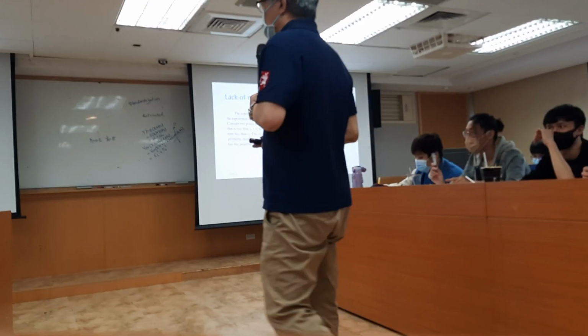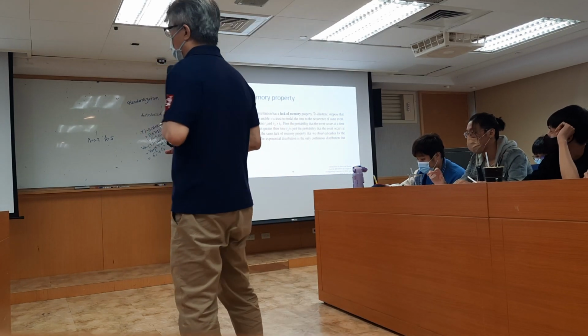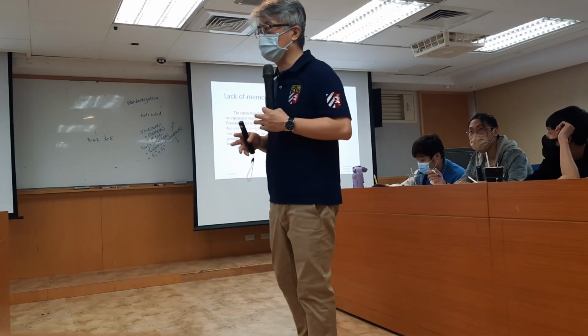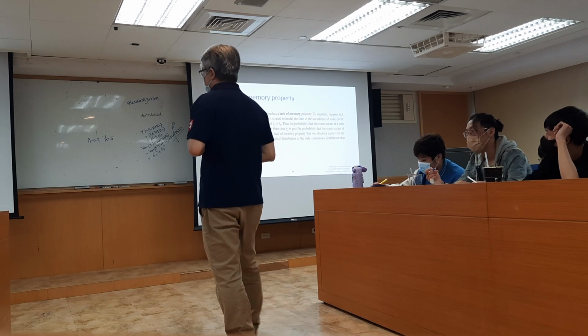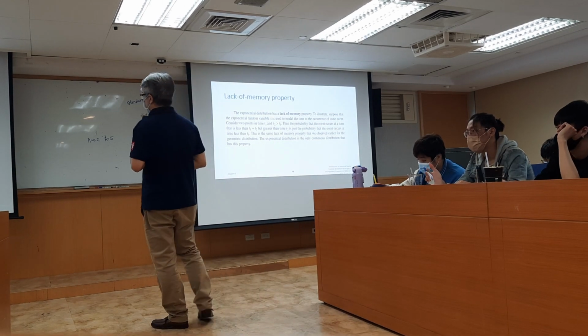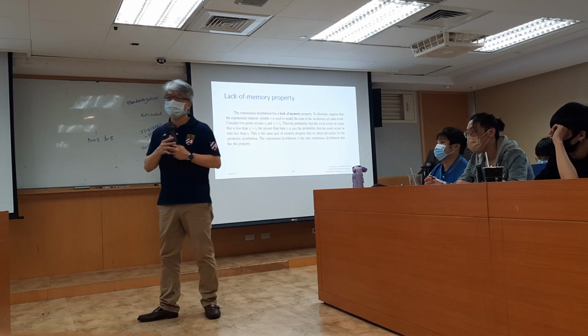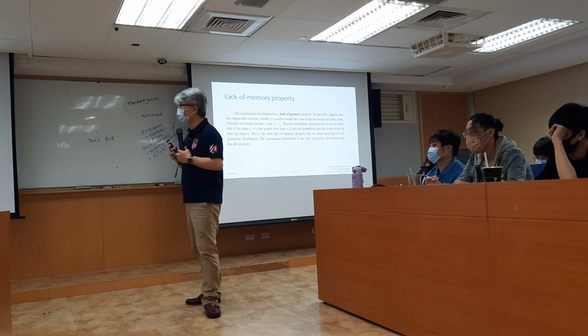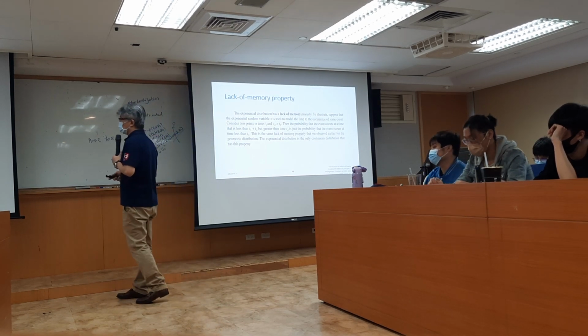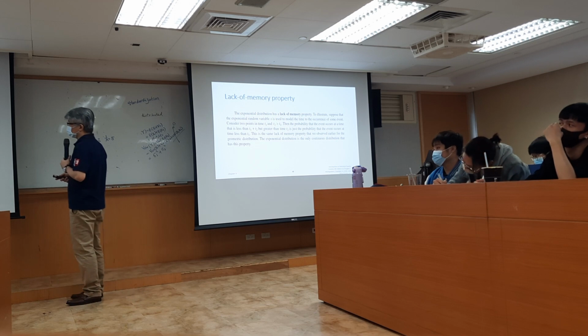So the exponential distribution has the lack of memory property. This is theoretically true. To illustrate, suppose the exponential random variable x is used to model the time to occurrence of some event, like a failure or breakdown. Consider two points T1 and T2 greater than T1.